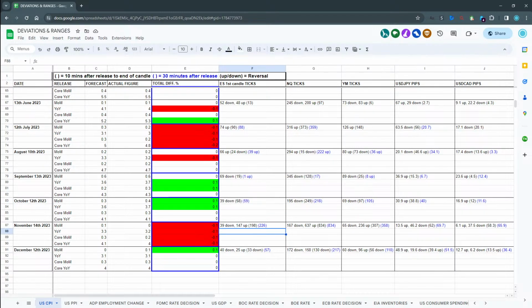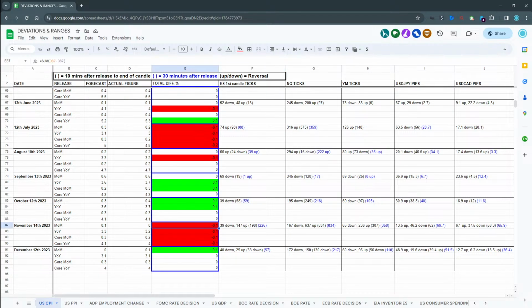So here's an example of where the data was going in one direction, but the reaction was choppy, and only post-market did the reaction start to solidify and see a strong sustained move towards the upside here. So you'd seen on the first candle, there was an initial 39 tick move towards the downside and 147 ticks towards the upside.